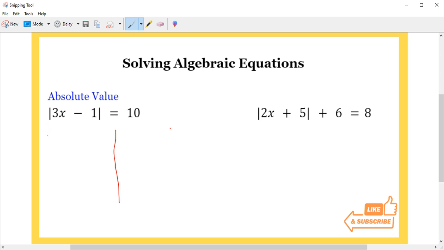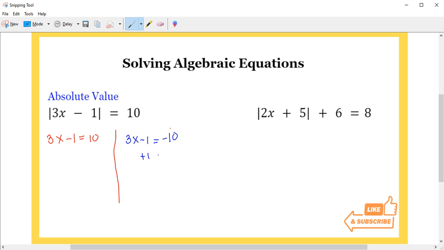The first one is 3x minus 1, which is exactly what's inside, equals a positive 10. You're basically following the equation, just removing the absolute value sign. The second part is to copy the equation again, but instead of positive 10, you will do a negative 10. Then we will solve them separately.